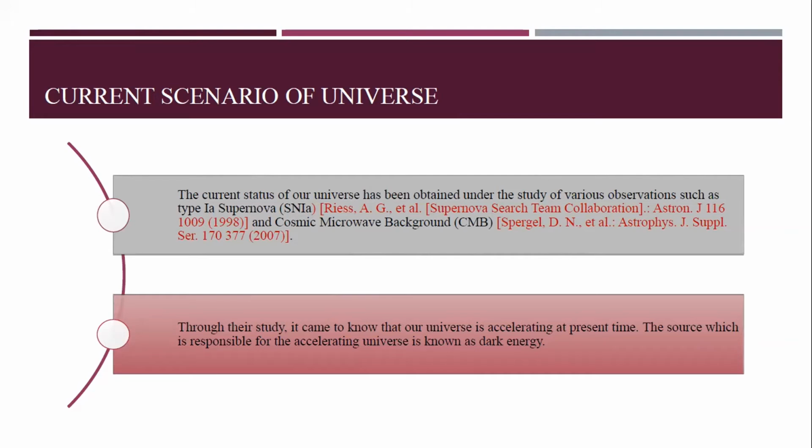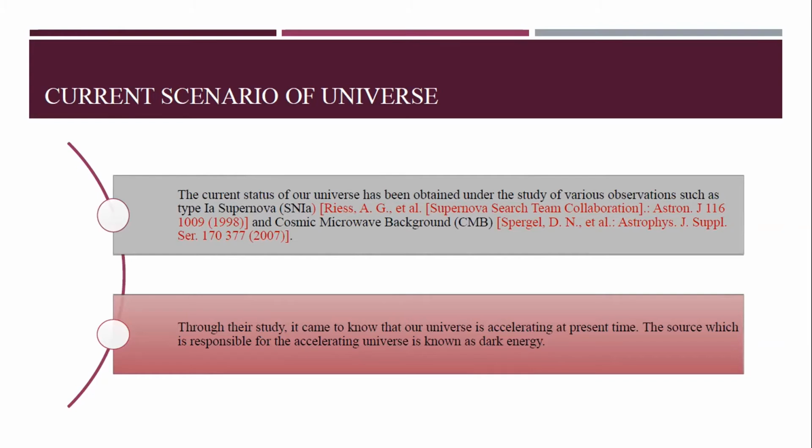And our universe is accelerating at present time, and this acceleration is due to dark energy, which has repulsive force, which has two remarkable features. First one is the repulsive force, and second one is it does not cluster at all at large scales.